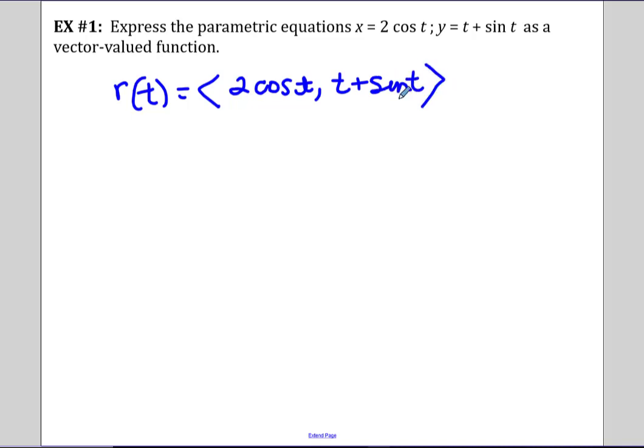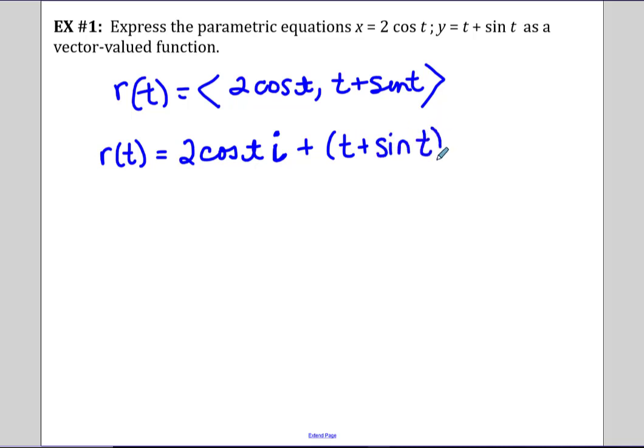Or if you want to use the i and j form, then 2 cosine of t in the i direction, and usually this is a bold variable, and then t plus sine of t in the j direction, which is the vertical. You can also see these with a little hat on them sometimes to indicate that it's a position vector.